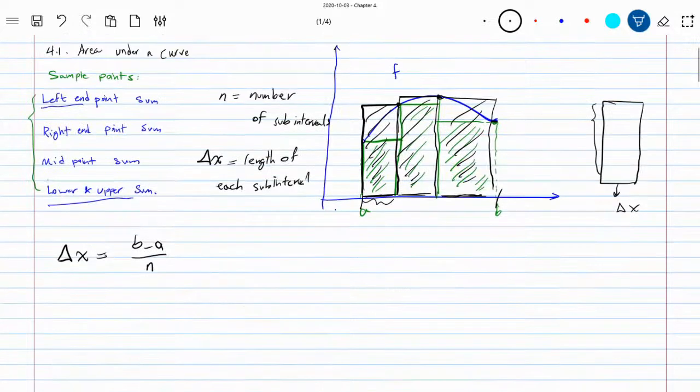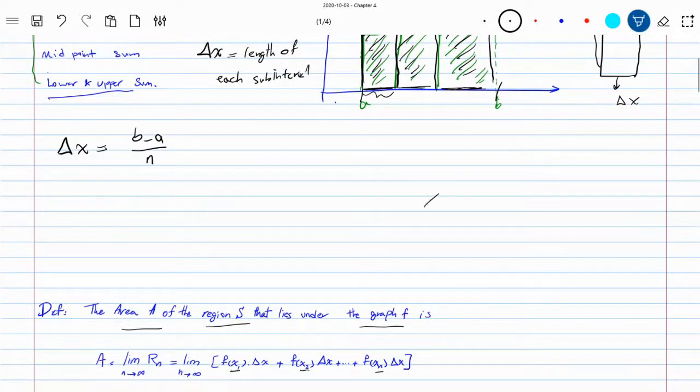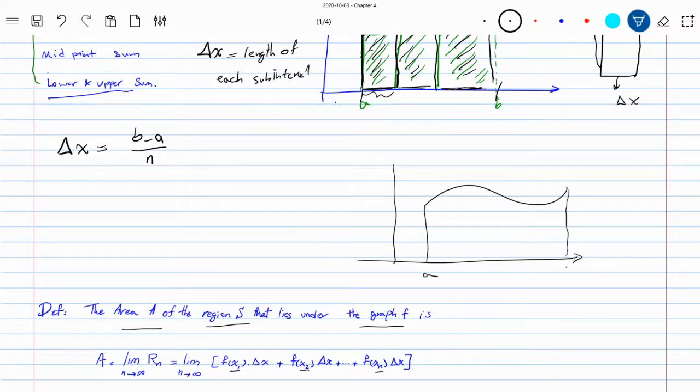So here, let me draw a graph, and let's say from a to b it has been divided into n pieces. This length is simply delta x. Let's say you pick this point, the first sample point, I'm going to call it x1.